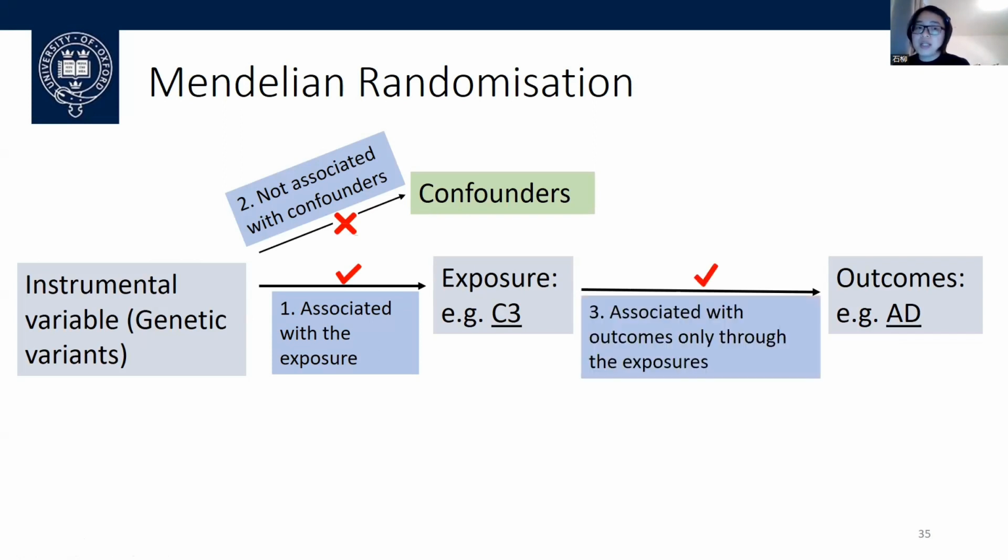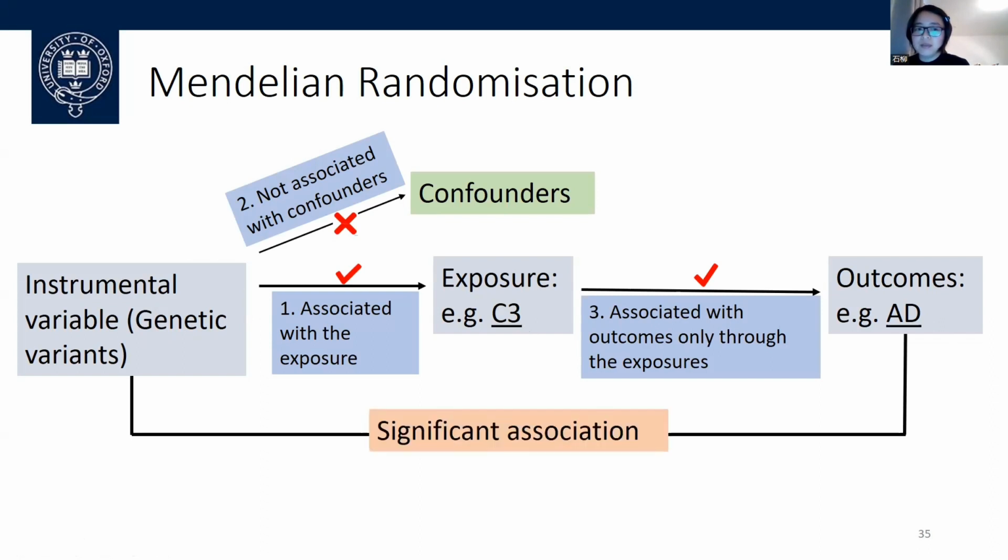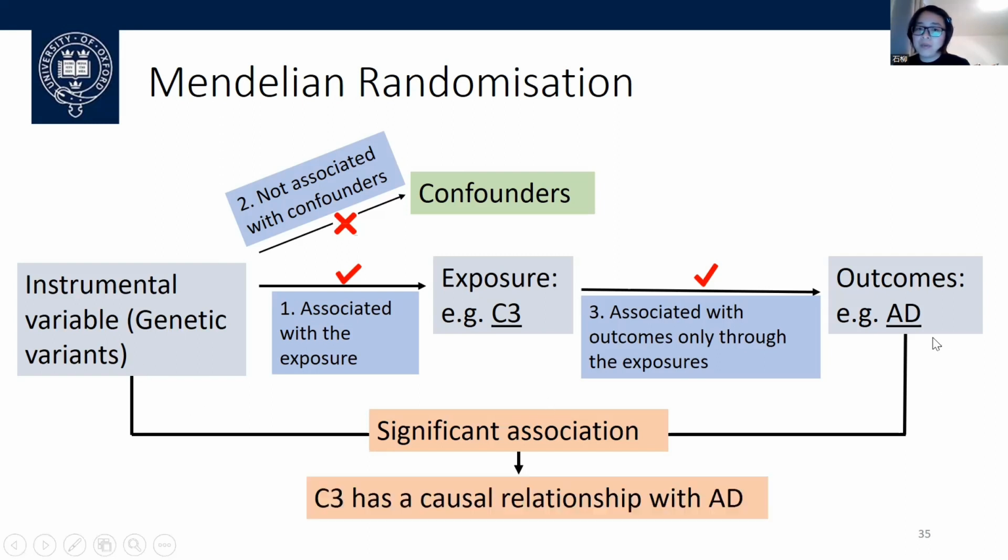Third, the assumption is that the association between genetic variant and outcome is through the exposure. Therefore, if we found that there is a significant association between genetic variant and outcome, we can conclude that C3 has a causal relationship with AD. So that's the whole idea of Mendelian randomization. It is a very powerful tool to explore the causal relationship between exposure and outcome.